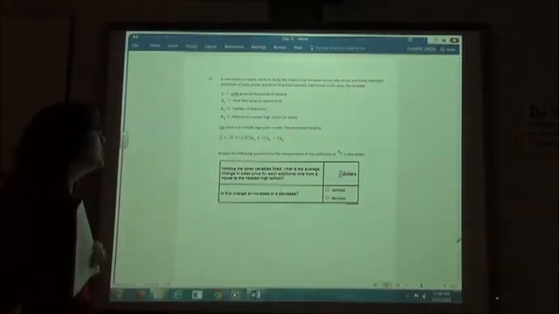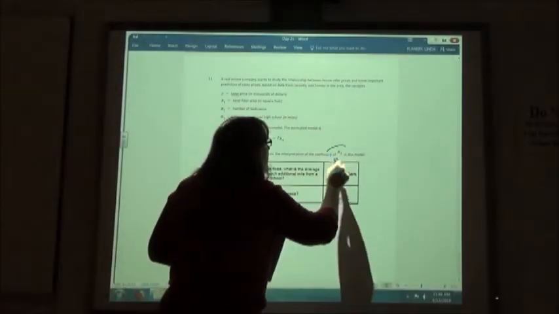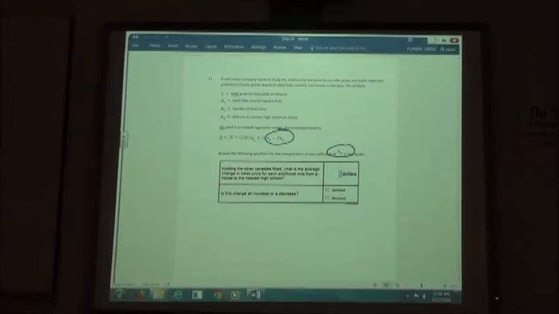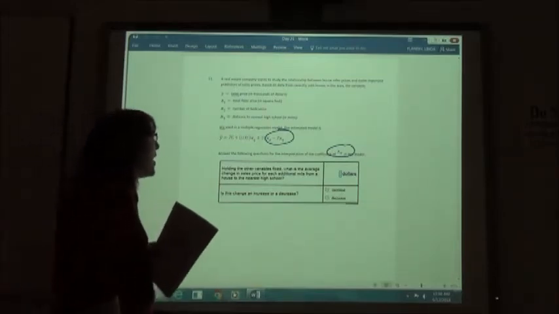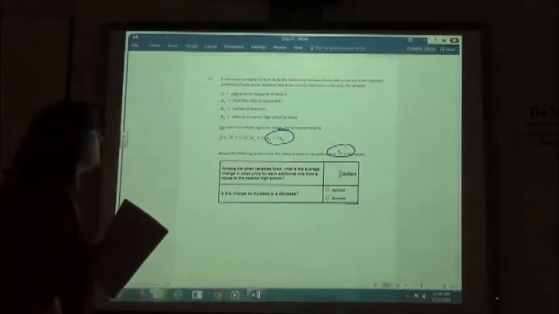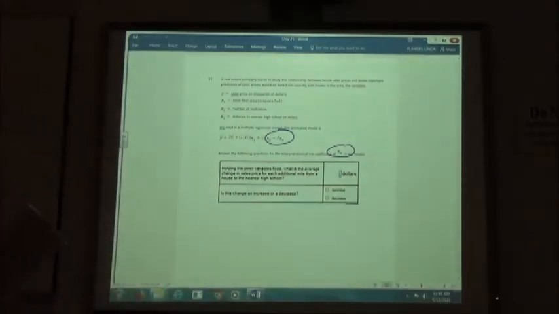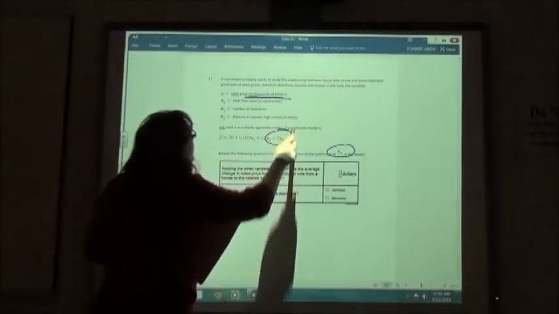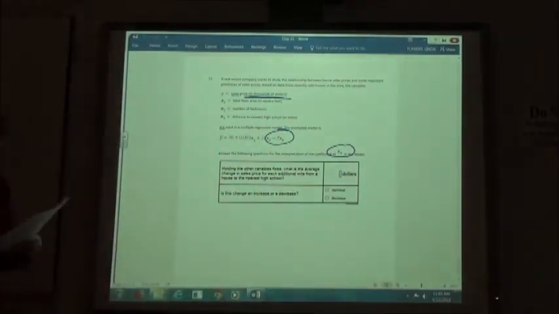Answer the following questions for the interpretation of my x sub 3 in this model. There's my x sub 3. Holding other variables fixed, what is the average change in sale price for each additional mile from the house to the nearest high school? So my sale price, I have to remember up here, is in thousands of dollars.